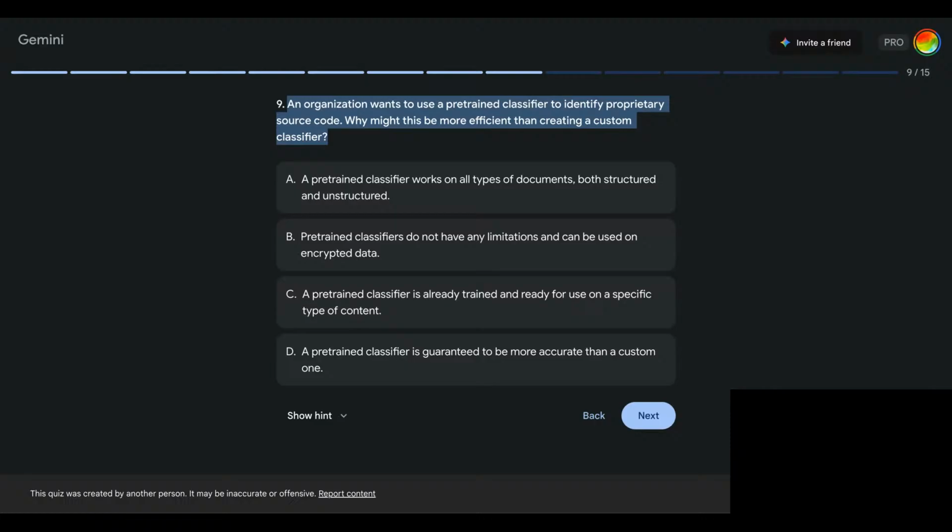They don't want to create their own custom one to identify proprietary source code. So they're asking, why might this be more efficient than creating a custom classifier?